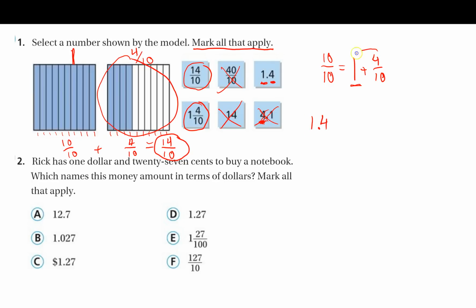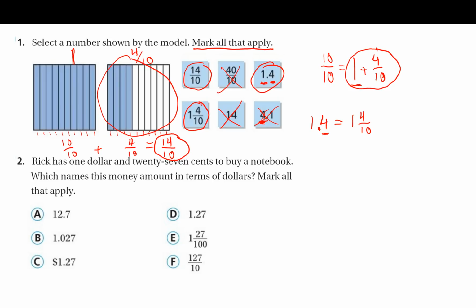Well, is this number representing 1 and 4 tenths? Yeah, so these two are equal. 1 and 4 tenths, remember we say the word and for the decimal. The 4 is in the tenths place, so it is the same as 1 and the fraction 4 tenths. So yeah, that one's going to work for us too.